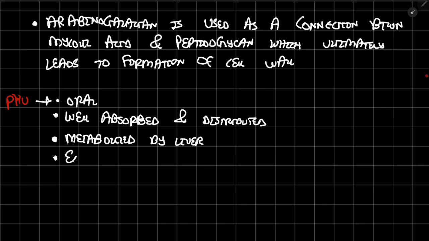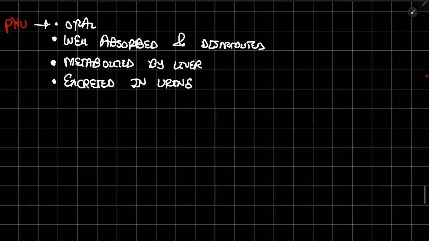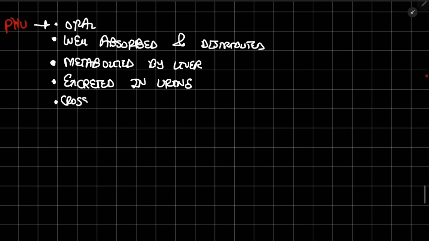It is excreted in urine. Okay, now, and one more point, it is crossing the blood-brain barrier. So it crosses the blood-brain barrier.